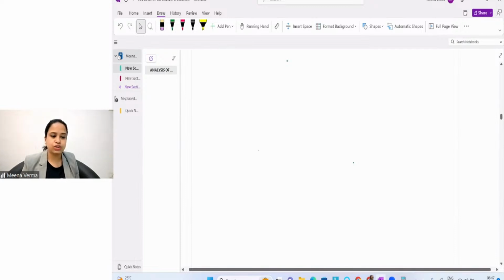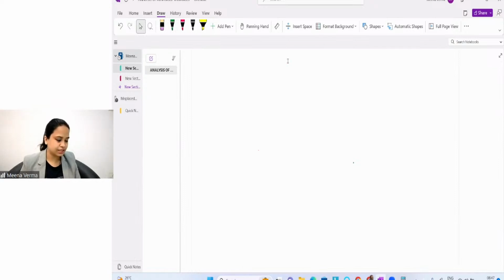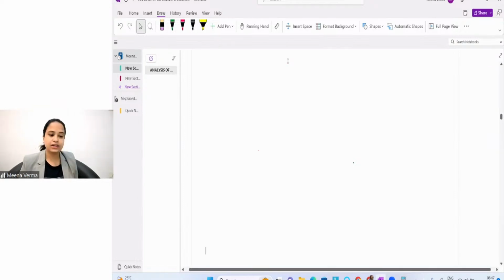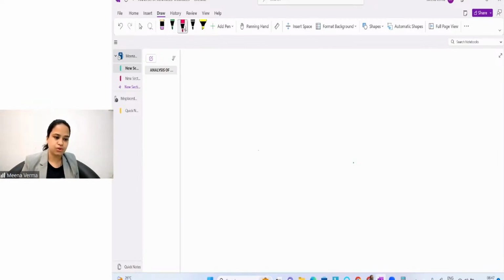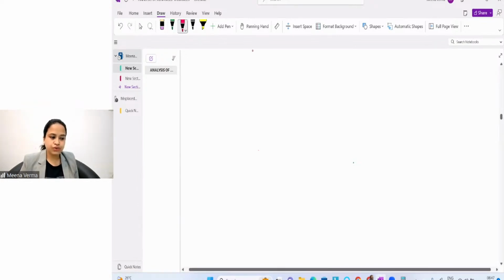Okay, so as I told you, we study the variations in both places. We study the variation on cost and we study the variation in revenue. We study the variation for both. So we will see the cost and we will see the revenue.